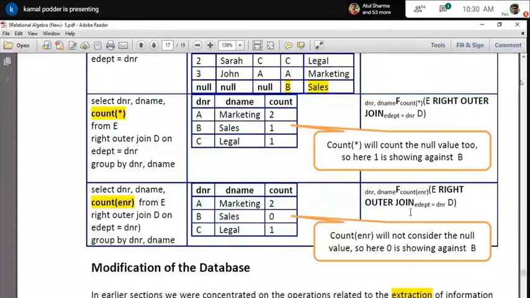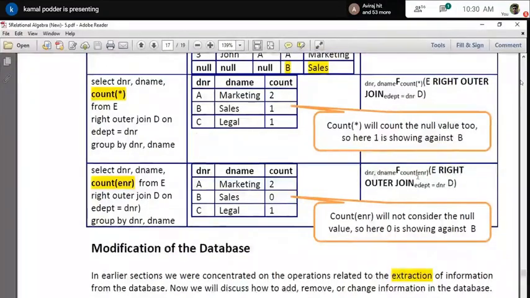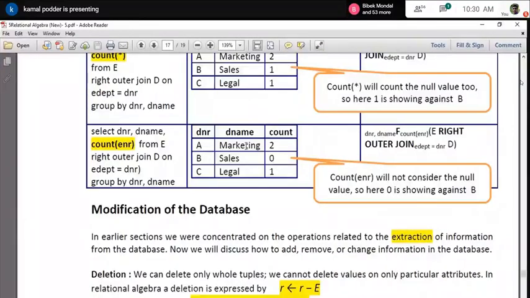That is the difference between count star and count of a particular column. If you give a particular column, it will automatically ignore the null value and it will consider only 0. It will give the result 0, and this is the correct result I am expecting from this type of query.